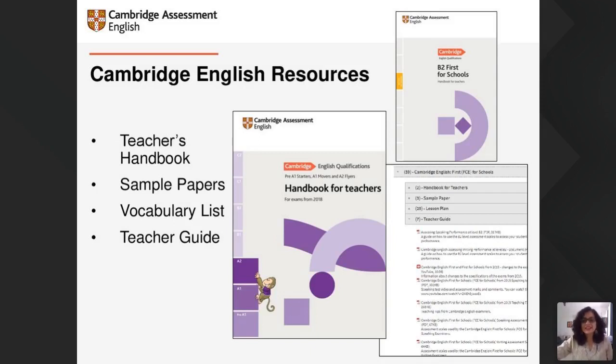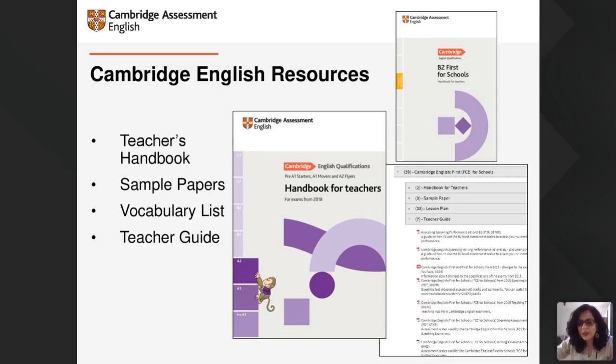So for each exam, Cambridge has a handbook for teachers, right? So you can see over here, it says pre-A1 Starters, A1 Movers, and A2 Flyers. So this is a handbook for the YLE, or the Young Learners English exam, right? Similarly, you have a handbook over here which says B2 First for Schools.